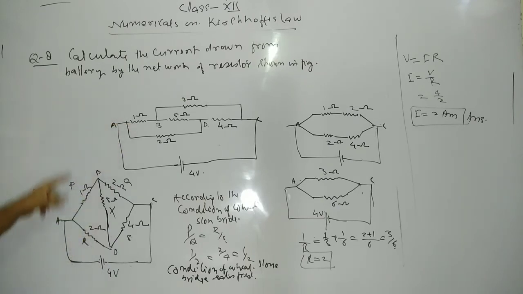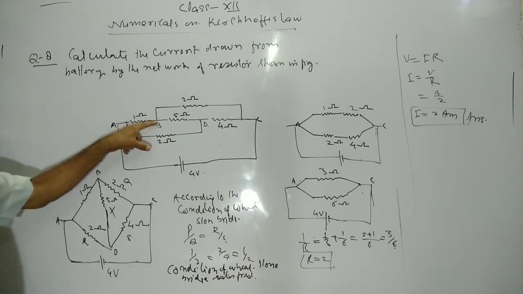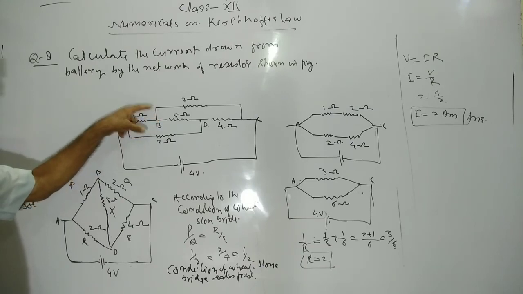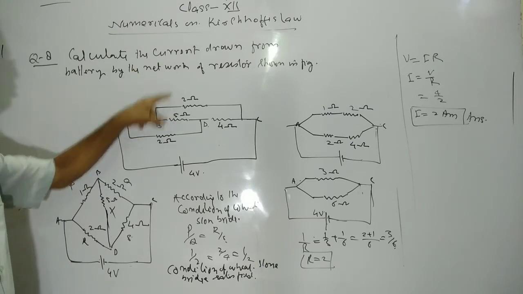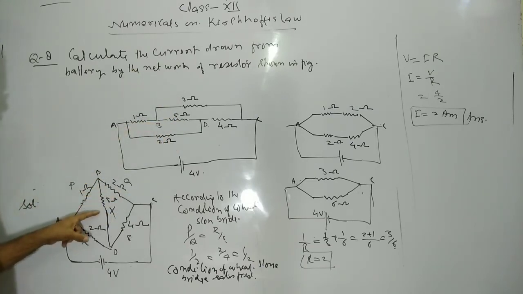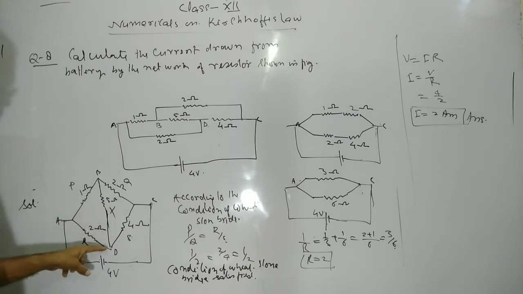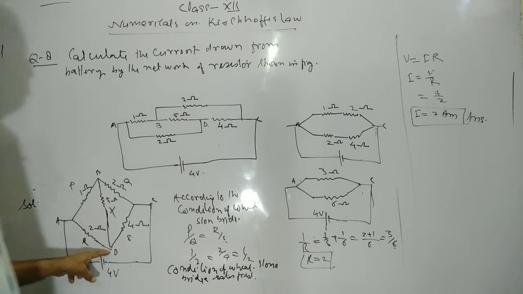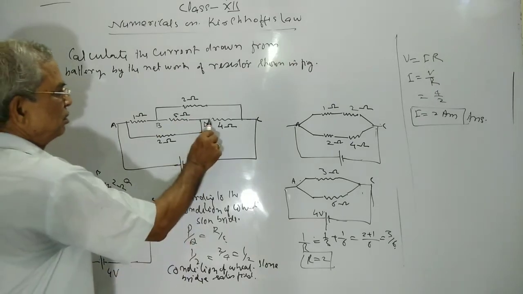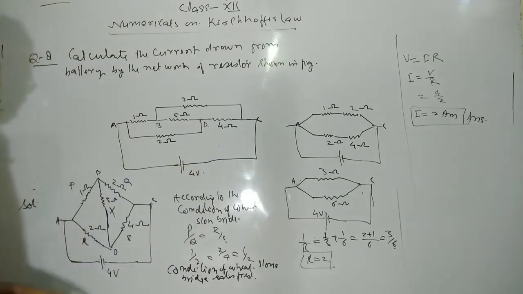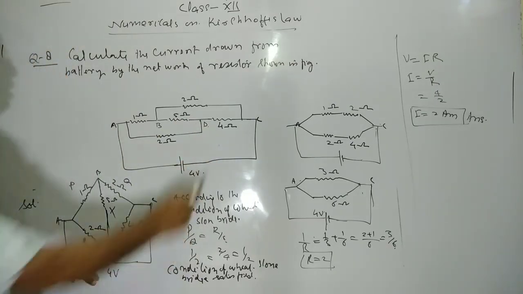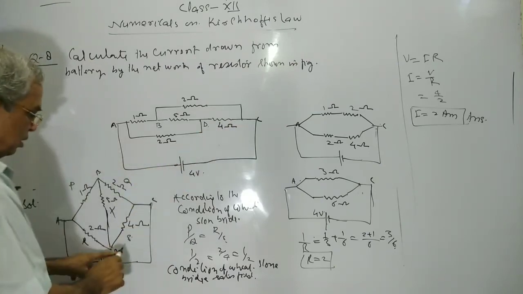The 1 ohm resistor goes this way and the 2 ohm this way. At this point B, there are 2 resistors also, 2 ohm and 5 ohm. 2 ohm is this and 5 ohm this. And at point D, this is D, and C, this is 4 ohm.